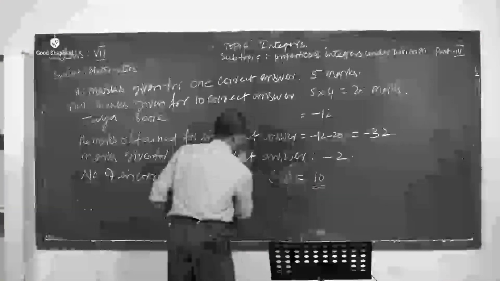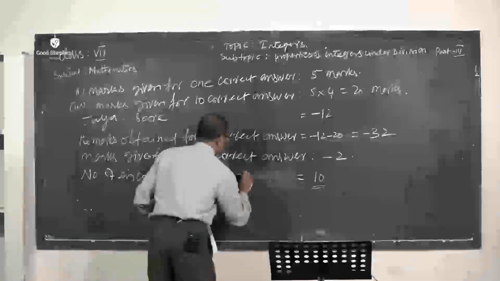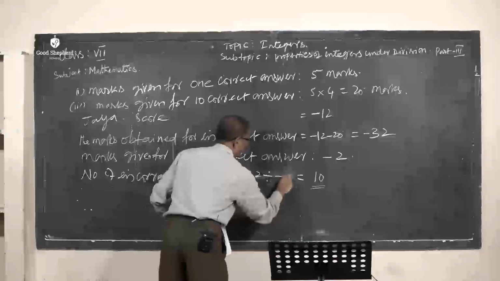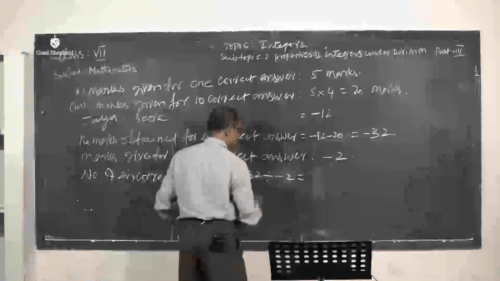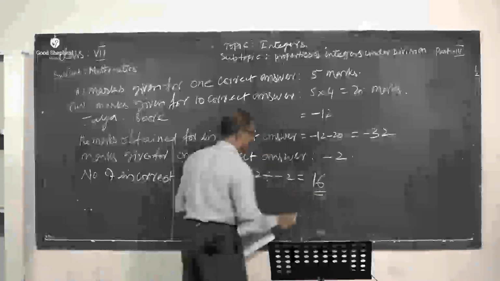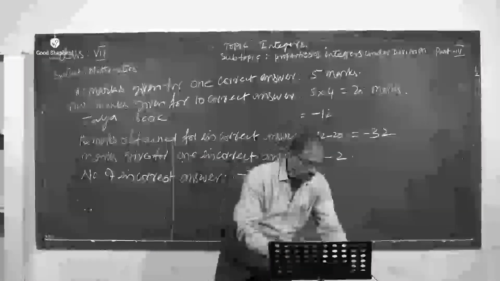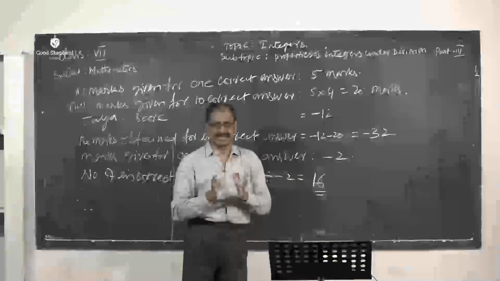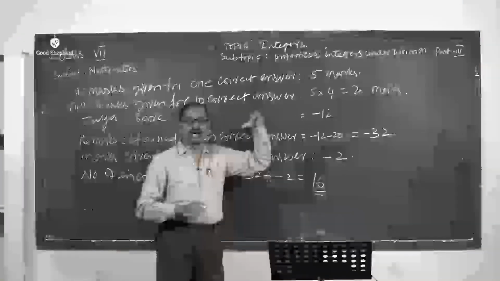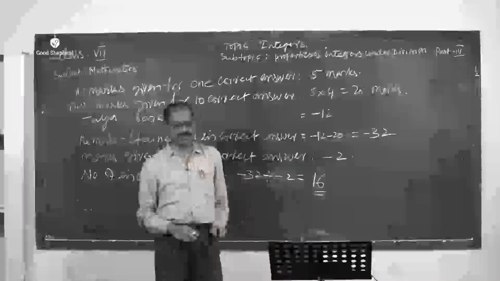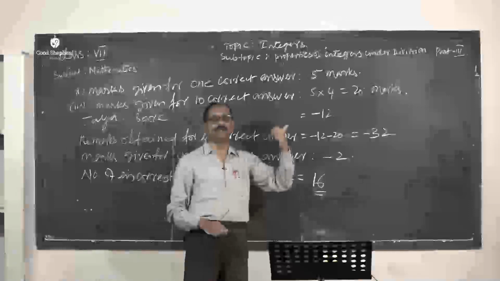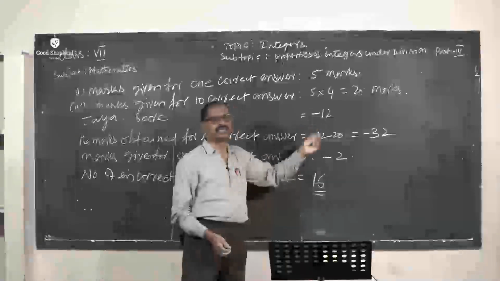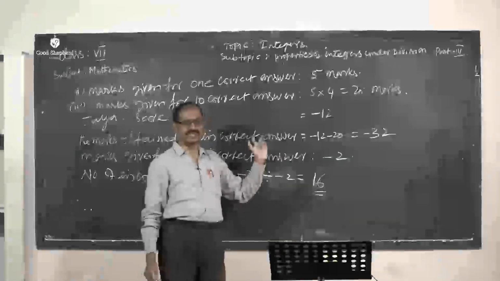Then minus 32 divided by minus 2. How much do you get here? It is 16. So Jaya made 16 questions incorrect, and Radhika made only 10 incorrect. So who did better? Radhika did better than Jaya.